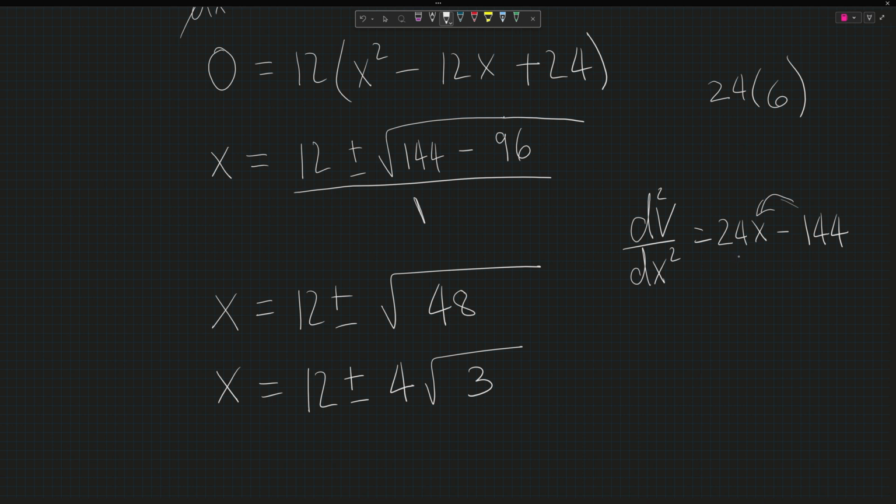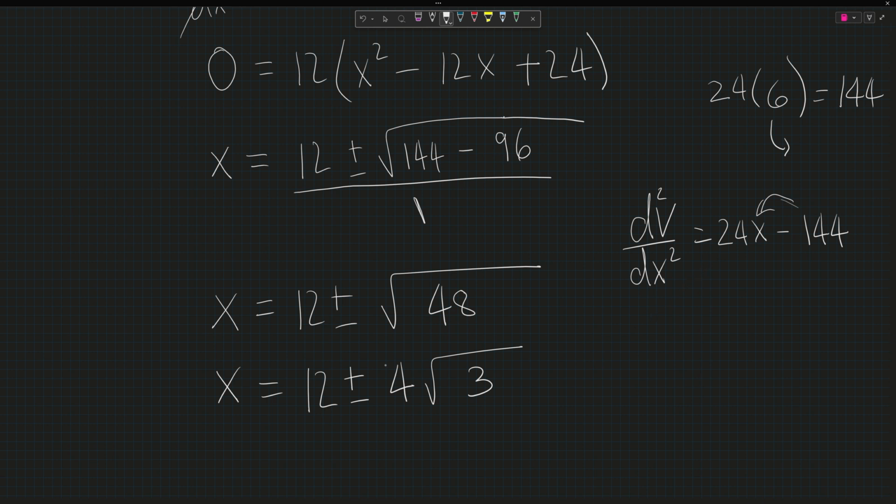Now it's really hard to calculate this without a calculator if we were to plainly plug this in. But using this logic of 24 times 6 equaling 144, anything less than 6 in this product is going to give us a negative number. And that's what we want.